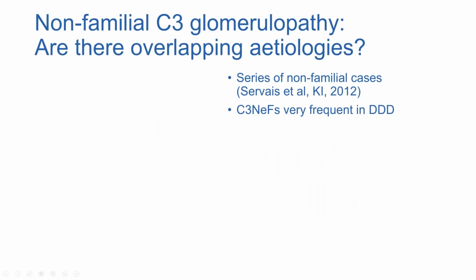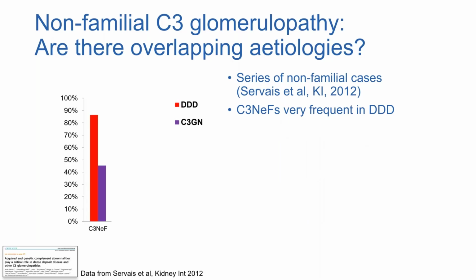However, in some patients, there seem to be overlapping causes of disease. So in the French series I mentioned earlier, they documented very clearly that C3 nephritic factors are very common in patients with dense deposit disease and also occur commonly in C3GN.